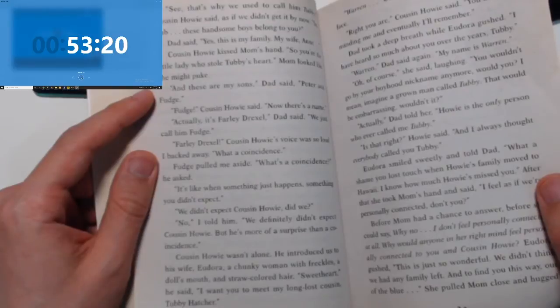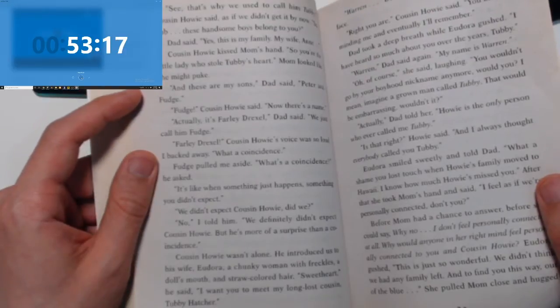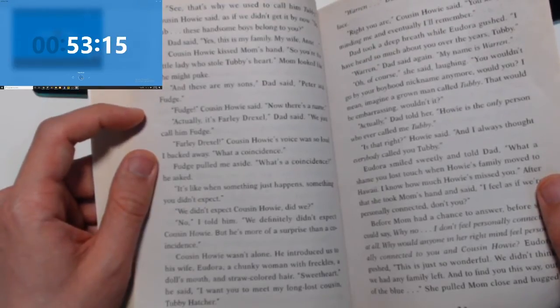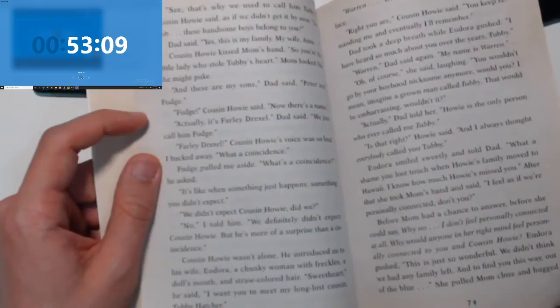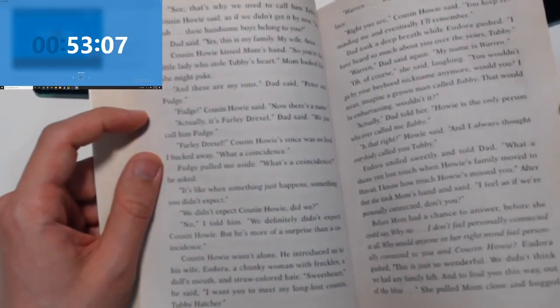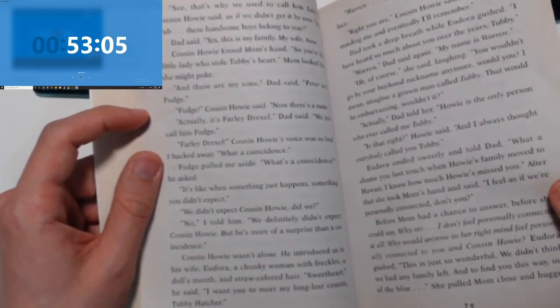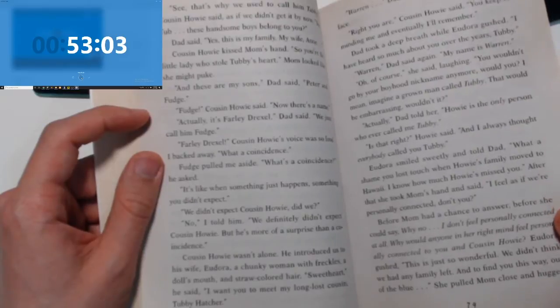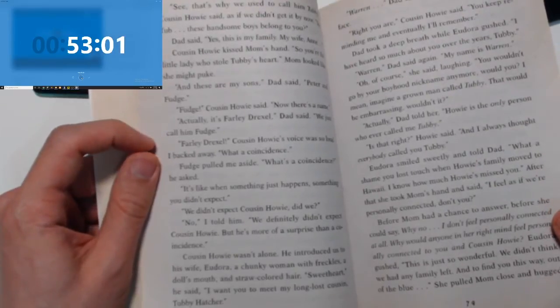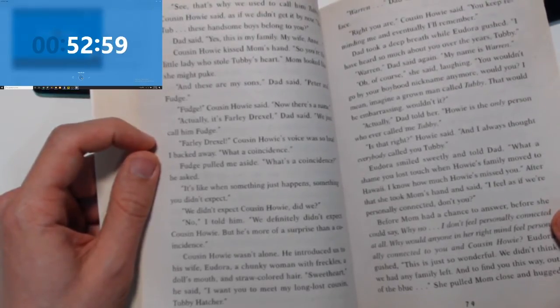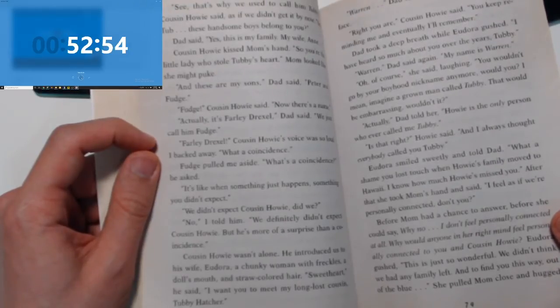And these are my sons, Dad said, Peter and Fudge. Fudge, cousin Howie said. Now there is a name. Actually, it's Farley Folly Deluxe, Dad said, we just call him Fudge. Folly Deluxe. Cousin Howie's voice was so loud I backed away. What a coincidence!